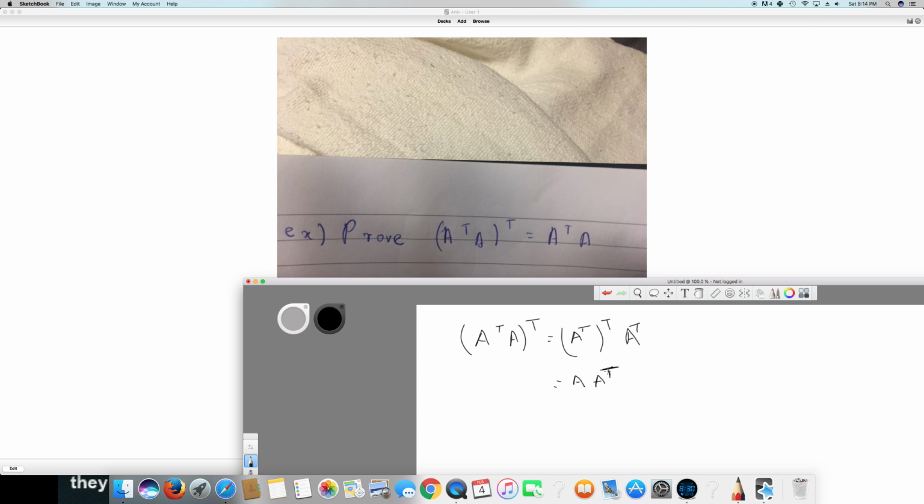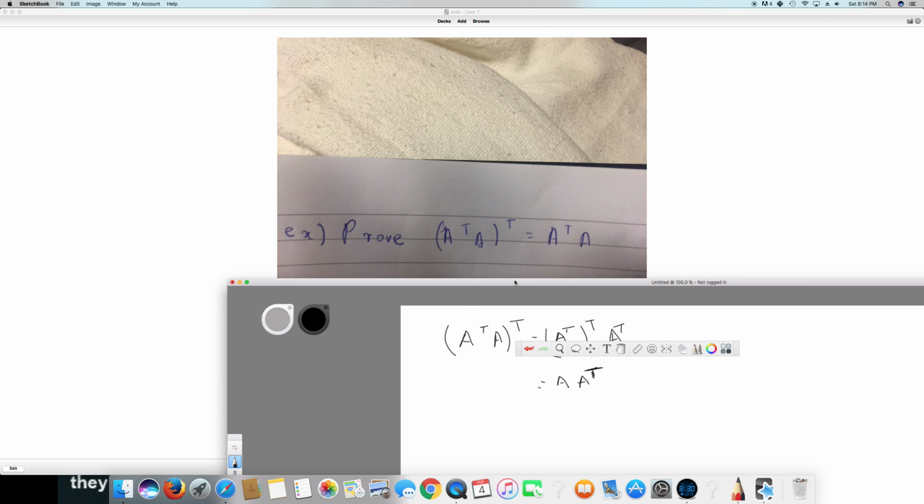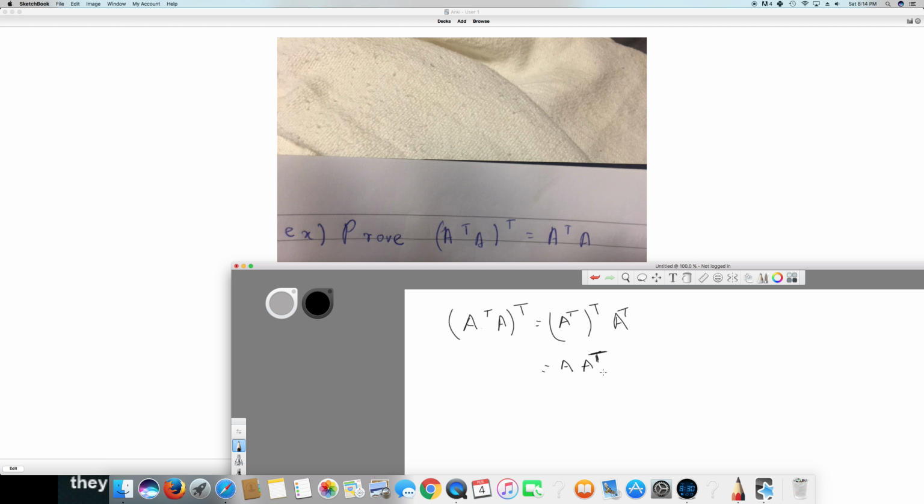A times A to the transpose is equal to, like, A times A to the power of transpose and A to the power of transpose times A, both are going to give the same answer.